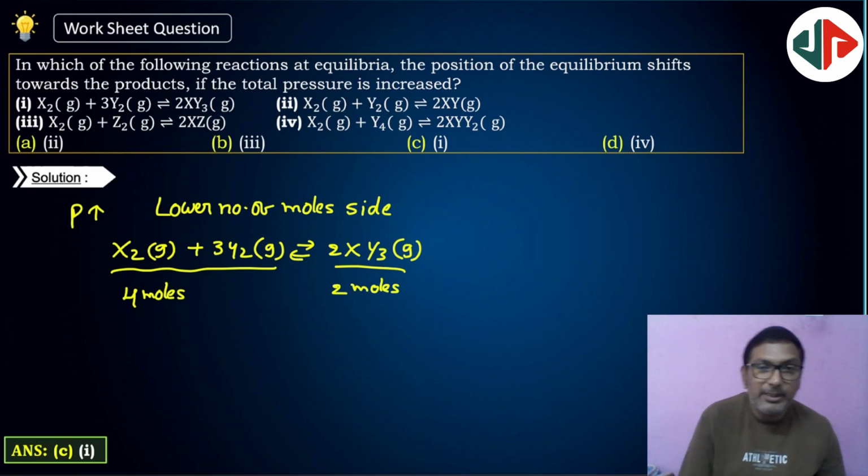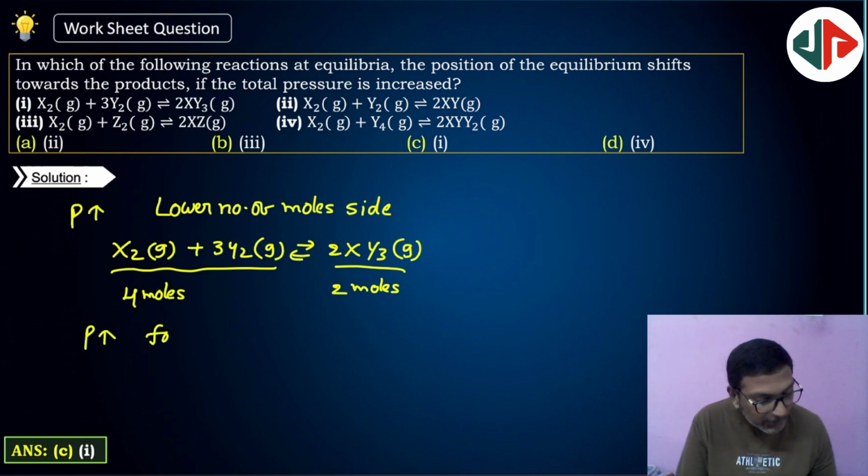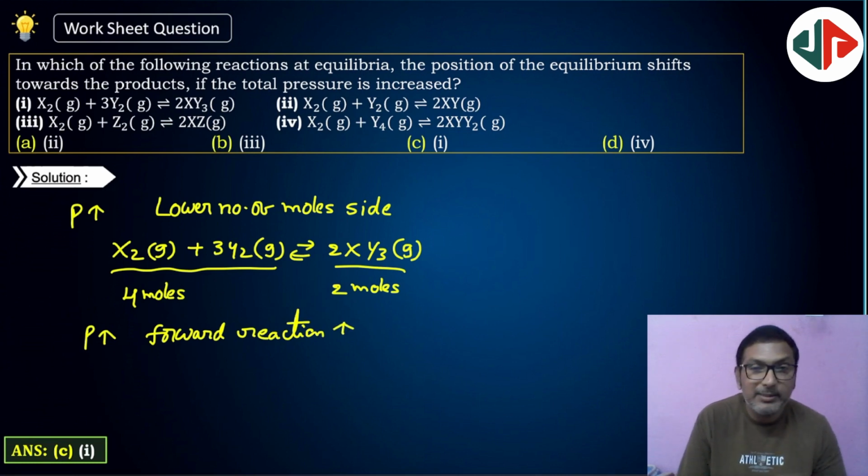So 2 moles means the lower mole side. If pressure increases, the forward reaction increases. That means equilibrium moves towards the forward direction, that means towards products. That means option 1. Next.